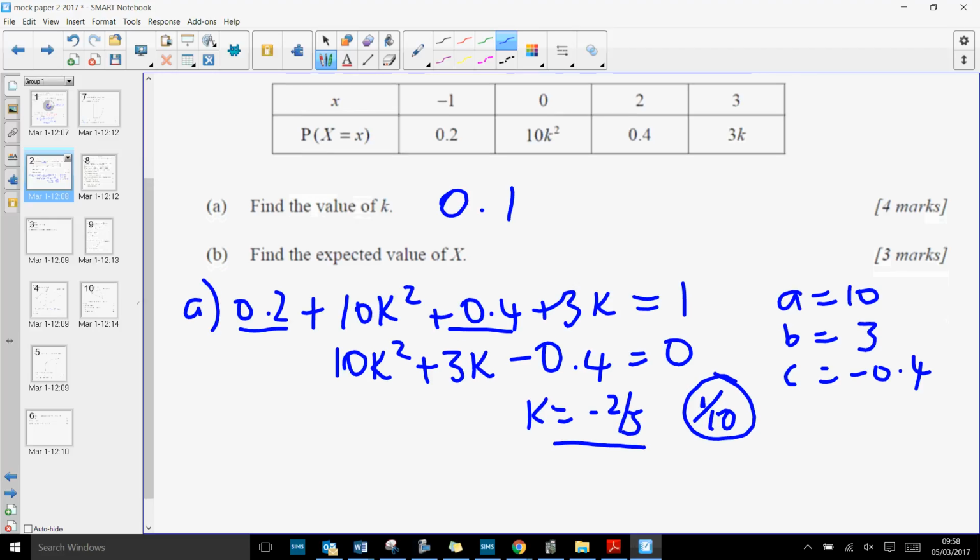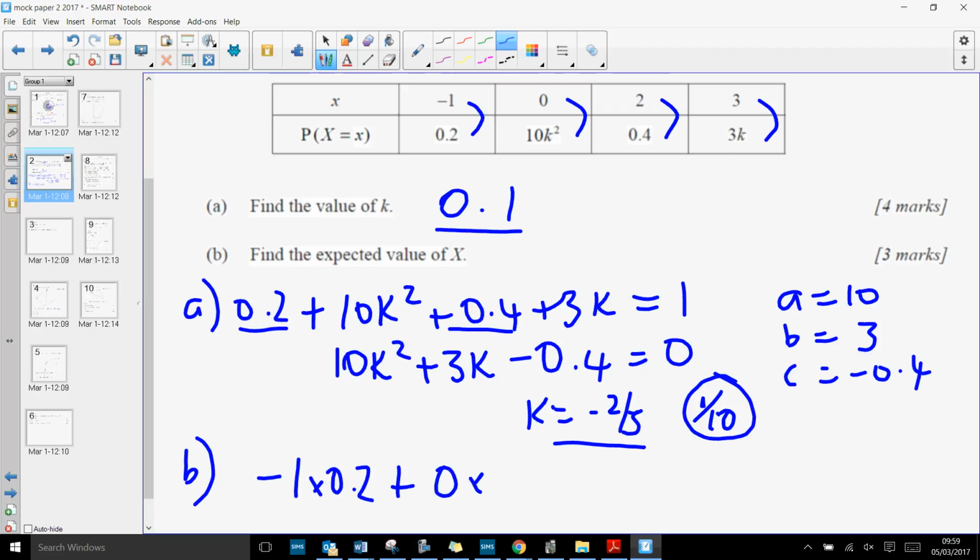Find the expected value of X. The example that was given to you in the exam was supposed to help you. Once we've established that K is 0.1, we then multiply these values here and add them together. So negative 1 multiplied by 0.2 plus 0 multiplied by 10 times 0.1 squared plus 2 times 0.4 plus 3 times 3 times 0.1.